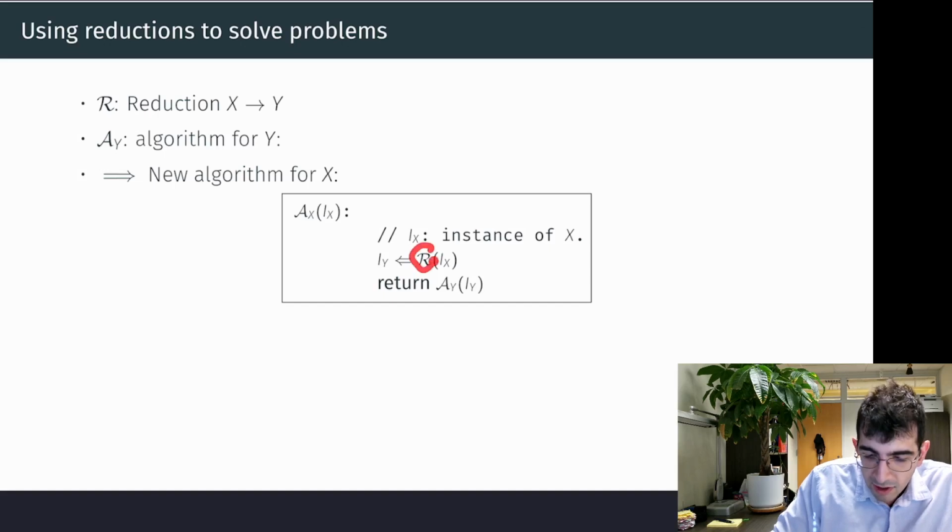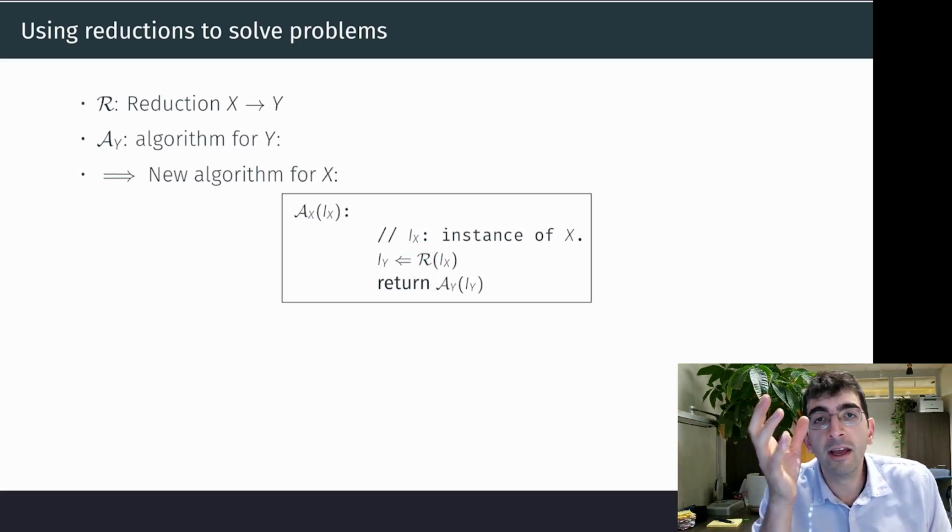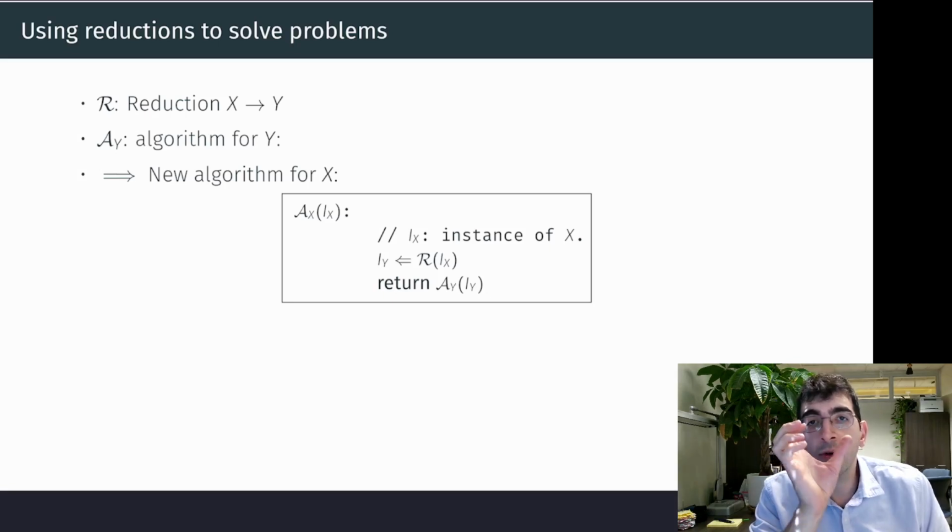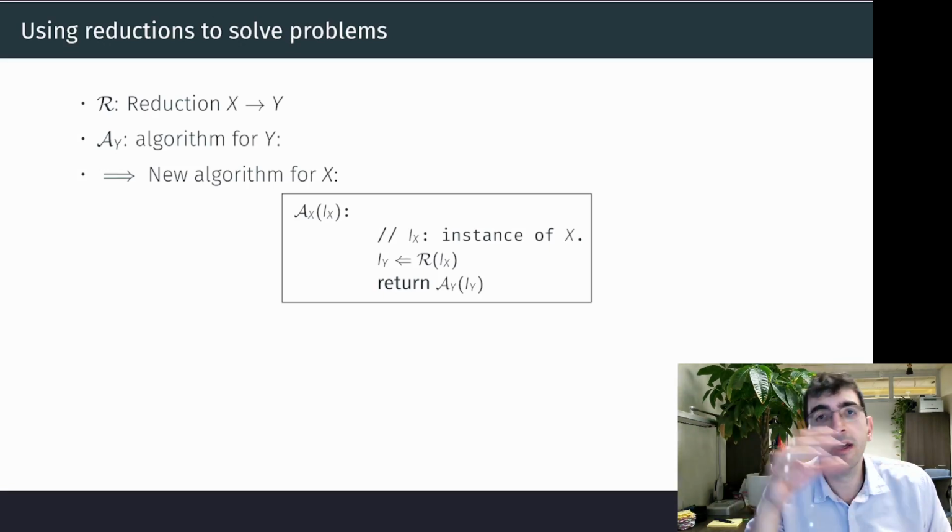But the reduction here is just an encoding function to encode the input of X into something that Y will take in. So if X is a graphing problem and Y is some number set problem, then you've got to figure out how to turn a graph into a number set.